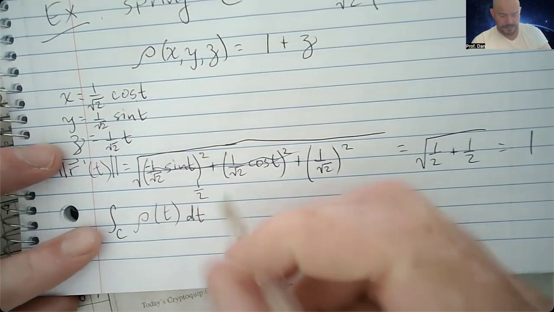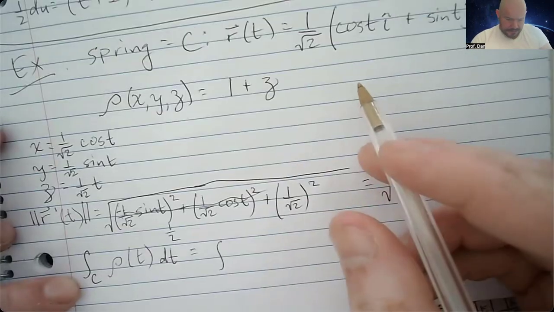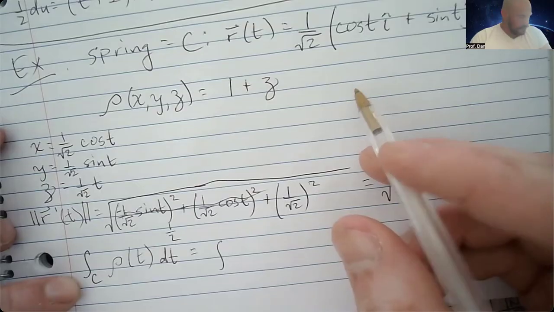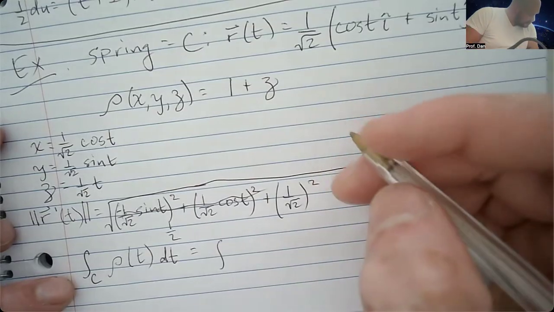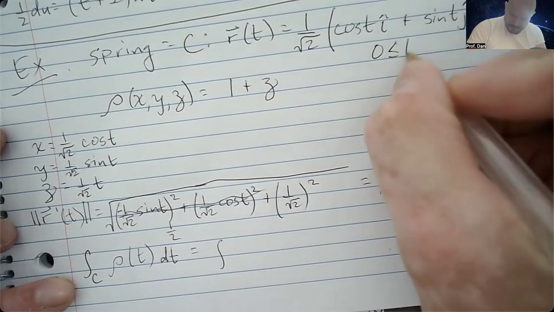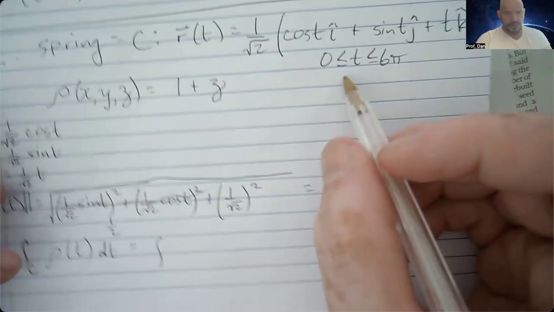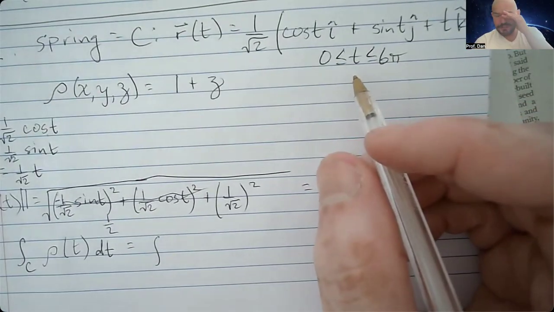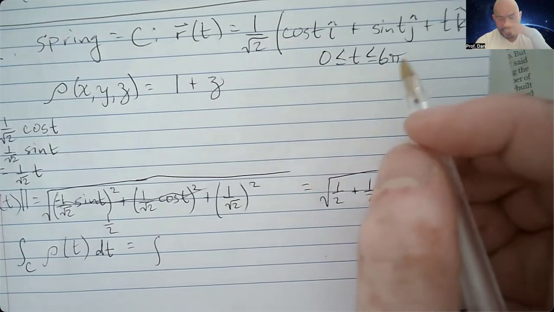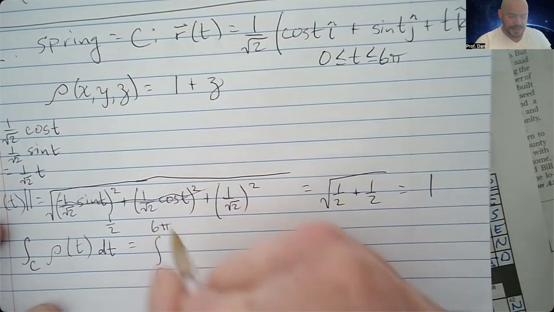All right, so then I can rewrite my path integral. Oh, wonky notation. Anyway, oh, I forgot one other piece of given information. Yeah, this is also given. All right, so the range for t is 0 to 6 pi, which means that the bounds for our integral will be 0 to 6 pi.